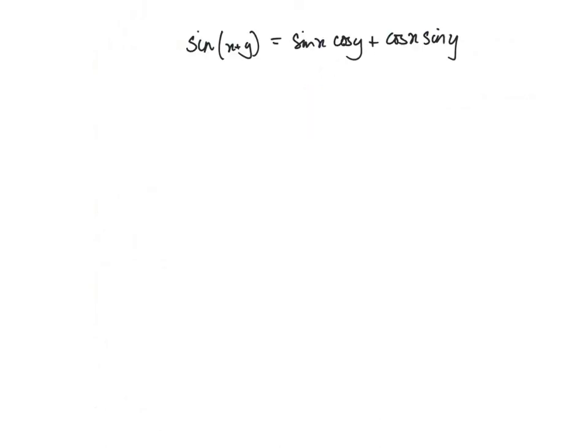So the last wee example here, if I know that sine of x plus y is equal to sine x cos y plus cos x sine y, and we've done that since lower sixth maths, compound angles, to get the hyperbolic equivalent, it's going to be the sinh of x plus y is equal to, well, this is sinh x cosh y plus cosh x sinh y.